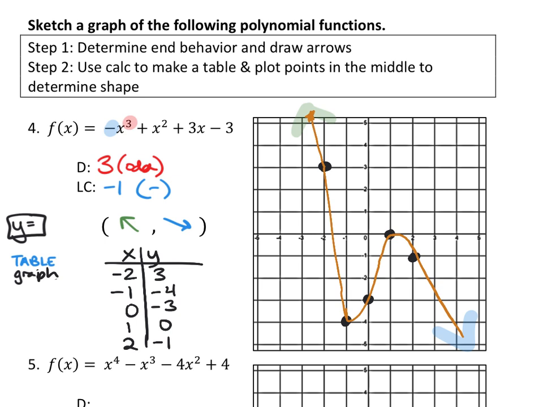Start at the end behavior, hit all the important points, finish at the other end behavior. So if you didn't draw your arrows for end behavior when I did earlier, make sure that you have always drawn these arrows on your graph so you know that that's where you're starting and ending. The arrows take care of the end, the chart takes care of the middle.